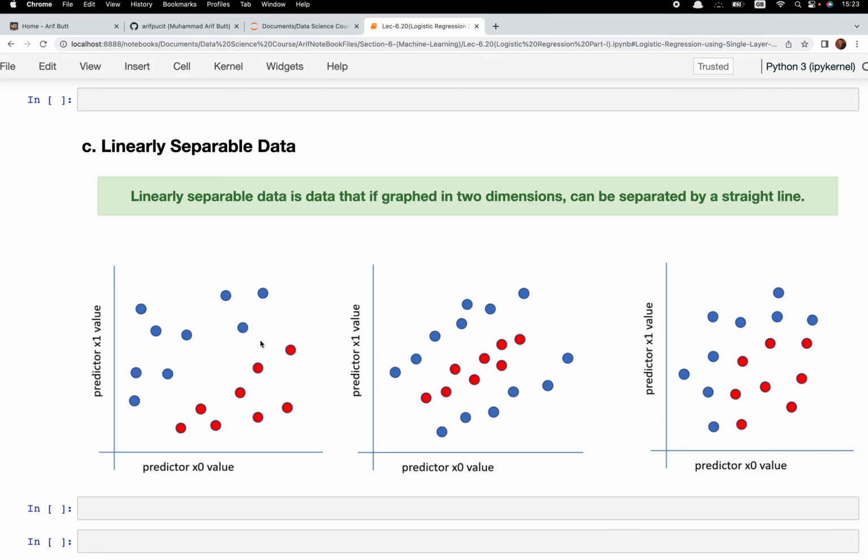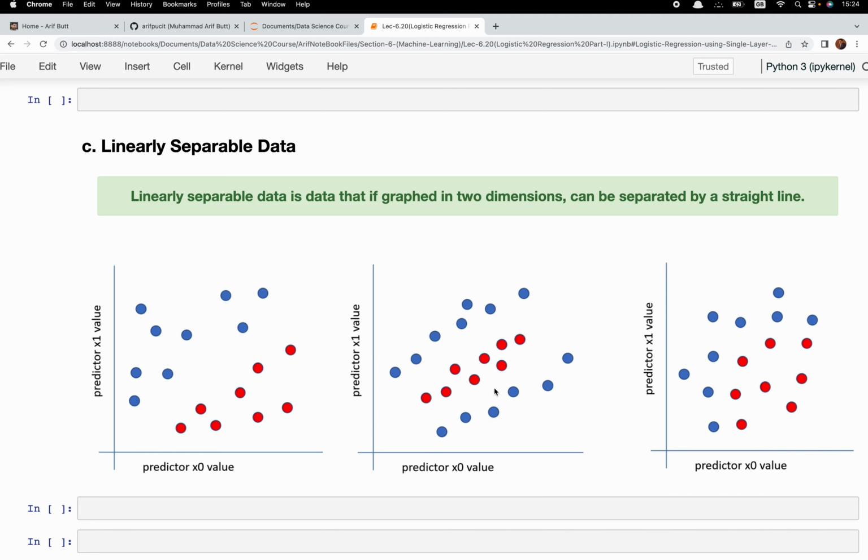The dataset shown in the left graph is linearly separable because there exists a line, rather many lines, in this case from lower left to upper right corner, that separates the blue and the red classes. If the data is linearly separable or almost linearly separable, we can use logistic regression to classify as to which class a specific data point belongs to.